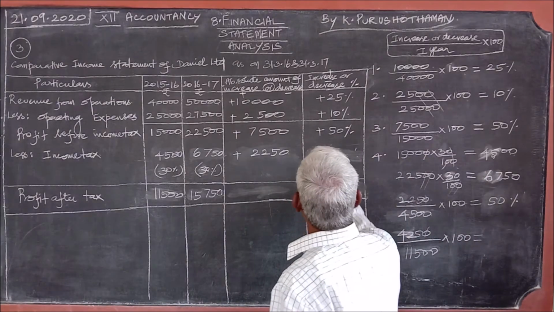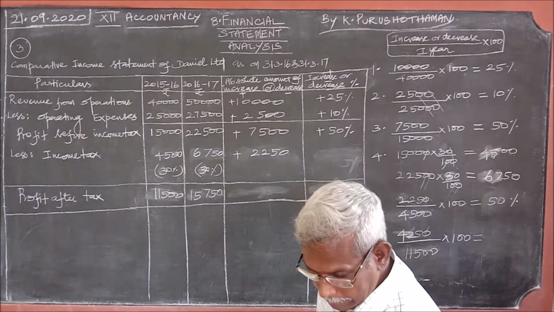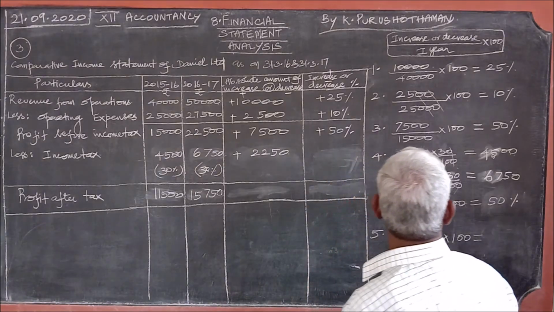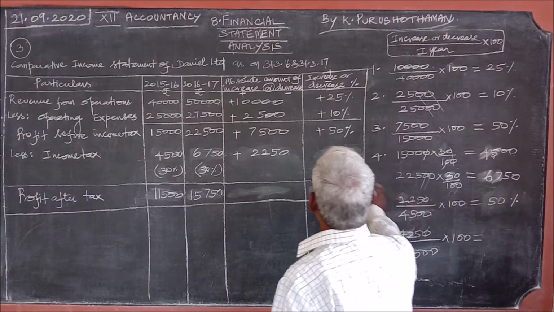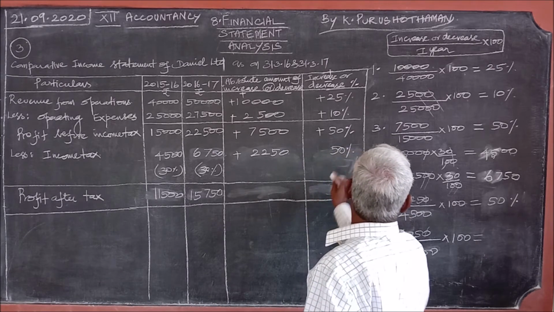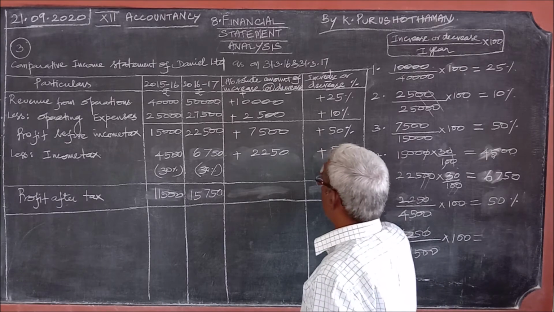Here, what should be the percentage? Percentage of income tax. Income tax percentage is 50%. Yes, it is correct. That is point number 4 only up to this.